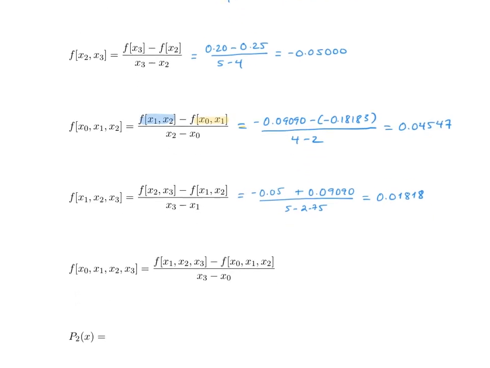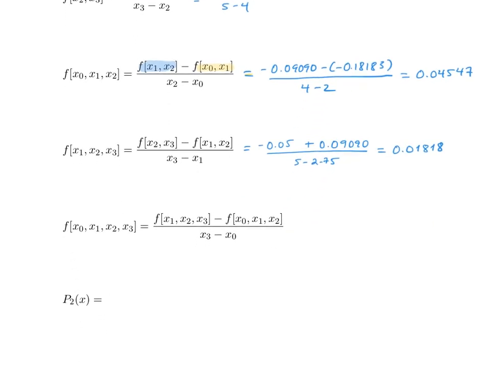Alright, so now let's go to the third divided difference, and for this one we need this information, f of x1, x2, x3, which is this value, and then x0, x1, x2, which is this value.